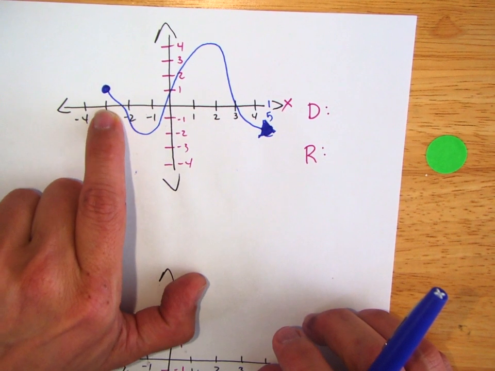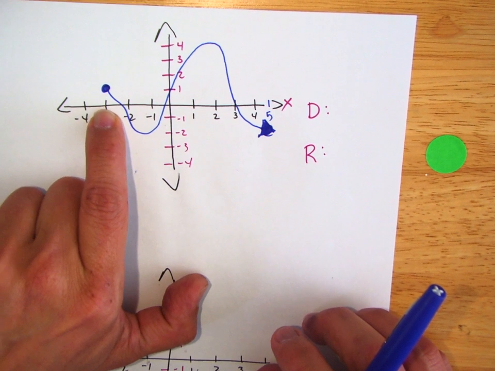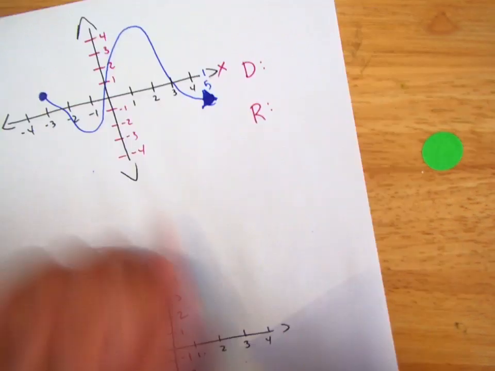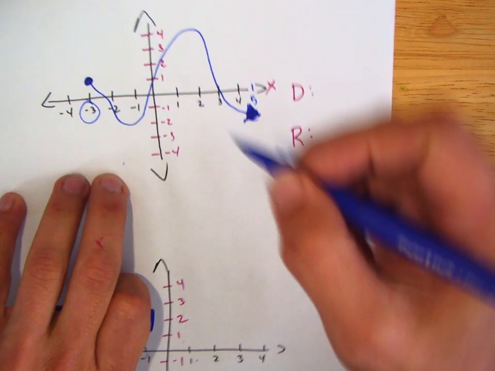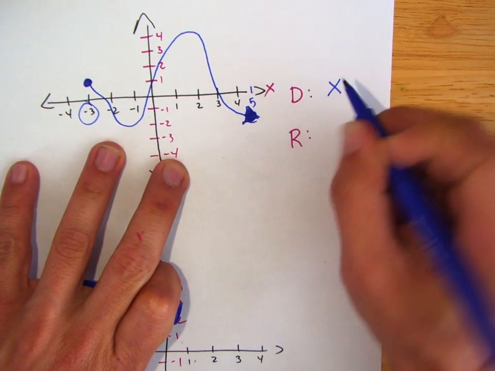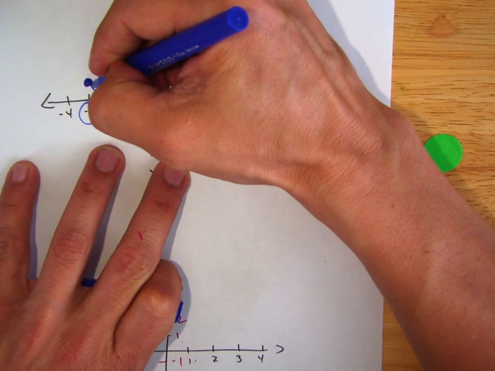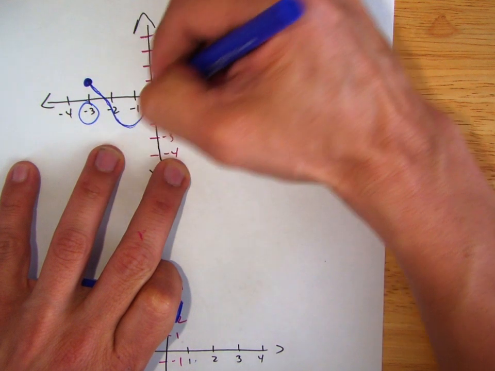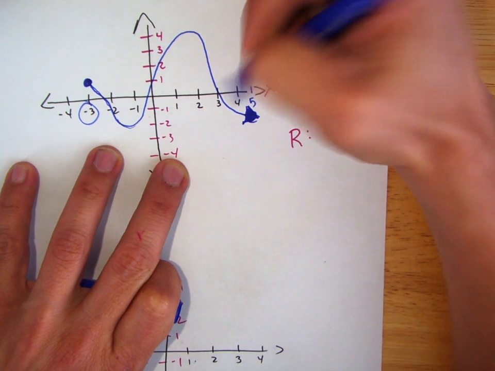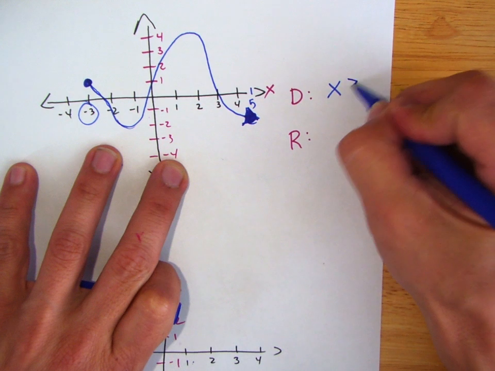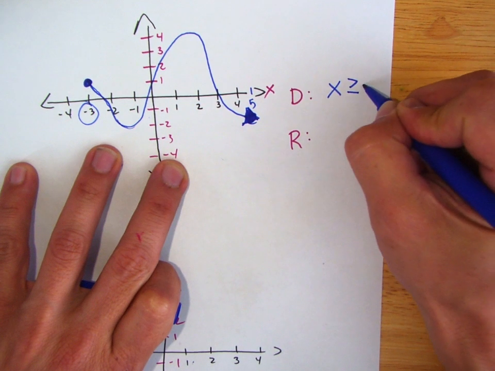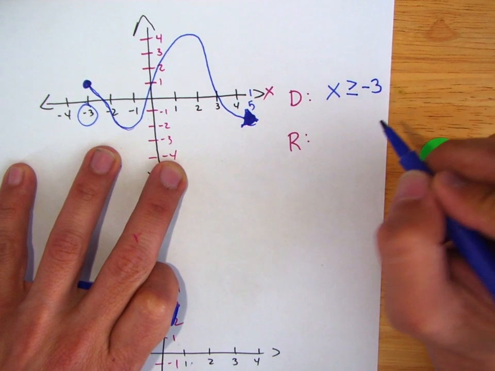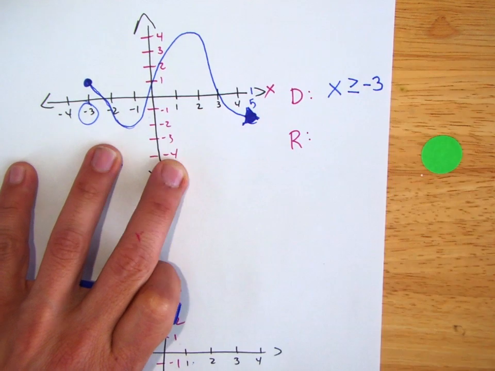What's the minimum? Oh yeah, right here, -3. -3 comma 1. So my x is -3. So I'm going to use this number. I want all the numbers, and this line is going to go right, right, right, right. It's going to go down, up, up, up, up. See, I'm using all the x's, but they're greater than or equal to -3. You see that? Greater than or equal to -3.